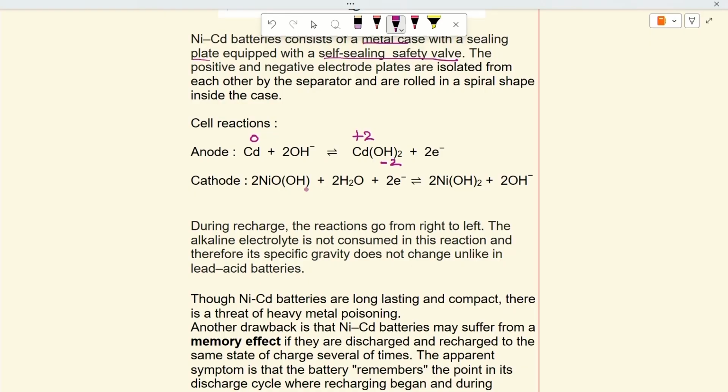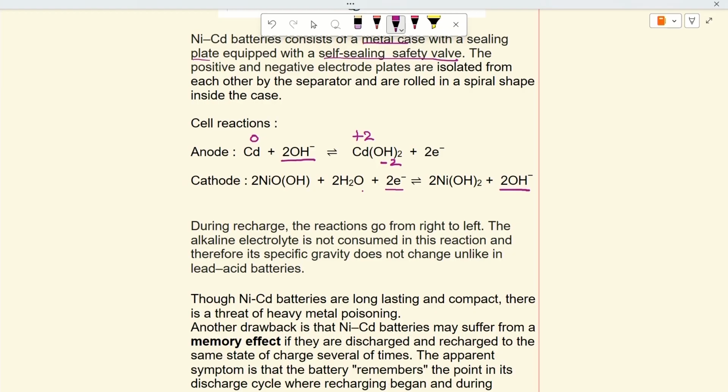So, this is purely an oxidation reaction. At cathode, the nickel oxide hydroxide combines with 2 electrons in the presence of water to give nickel hydroxide, releasing hydroxyl ions. One point to be noted, here hydroxyl ions are consumed during the anodic reaction, while the same number of hydroxyl ions are released during the cathodic reaction.